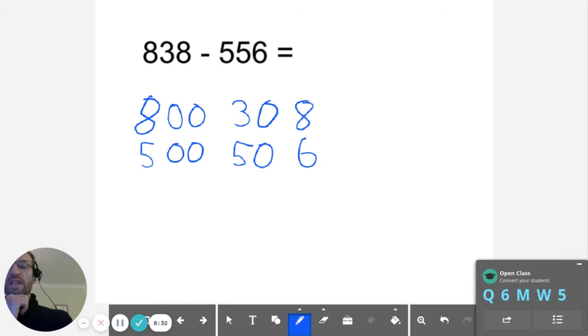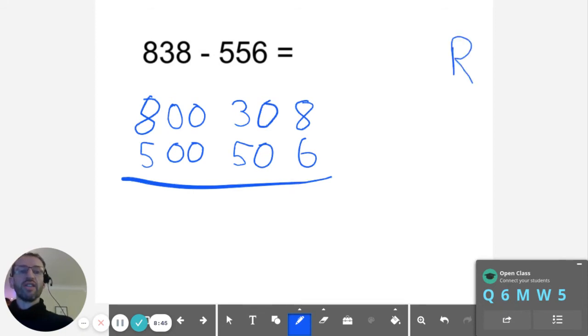Now you can see straight away that there is going to be a difficulty taking away the tens, because I've only got 30, I can't take away 50. So let's work our way from the right-hand side. We always start on the right-hand side. This is the right-hand side of the screen, and work our way across to the left.